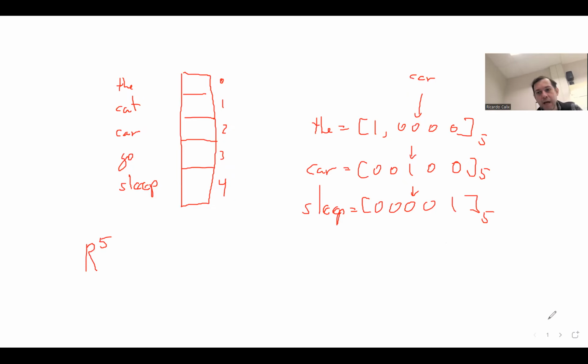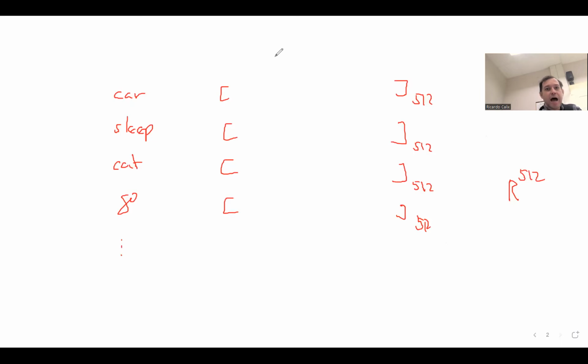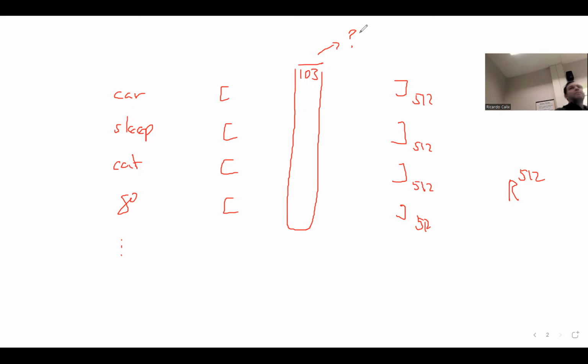Instead, what I want nowadays is to say, I don't know what, let's say this is column 103, for all of them. What is column 103? I actually don't know. You see that I don't know. But I'm going to let the neural network find some pattern that actually has meaning.